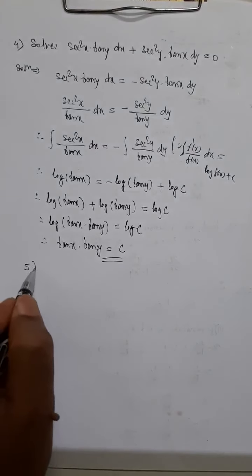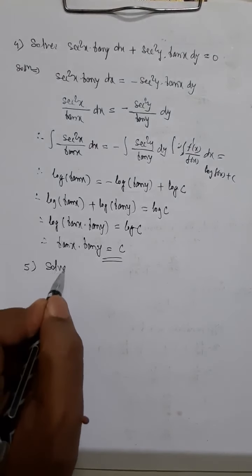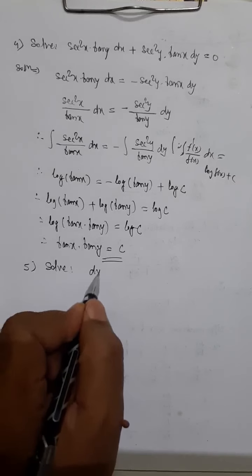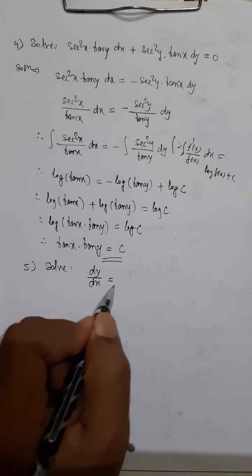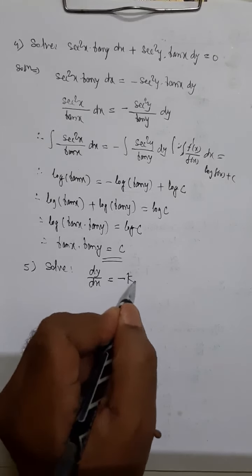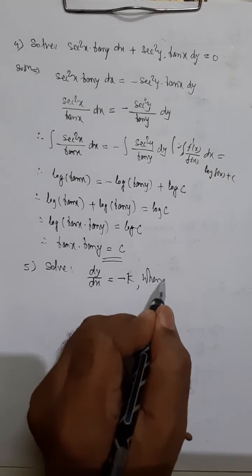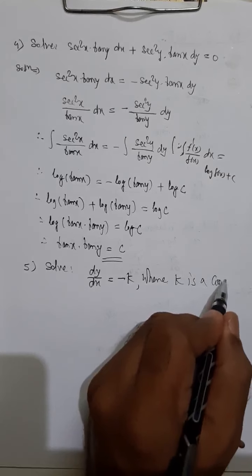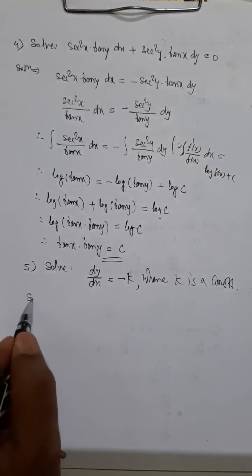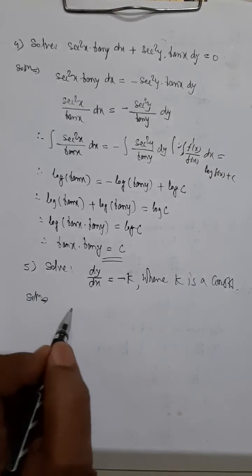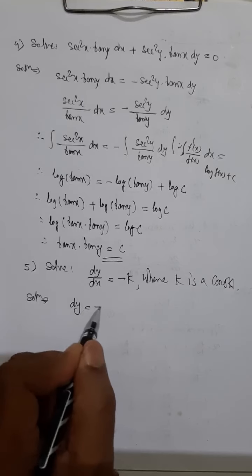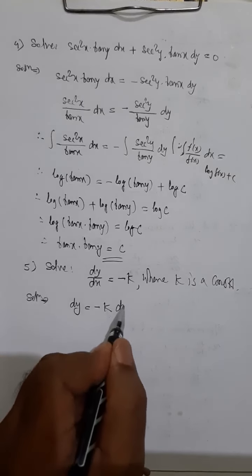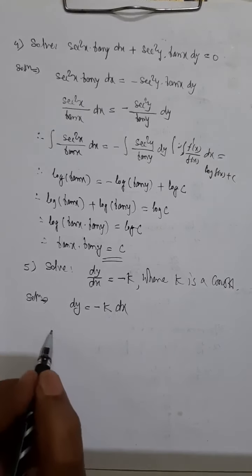Next problem, solve dy by dx is equal to minus k, where k is a constant. So this can be written dy is equal to minus k, take dx on the right side, and variables are separated here.